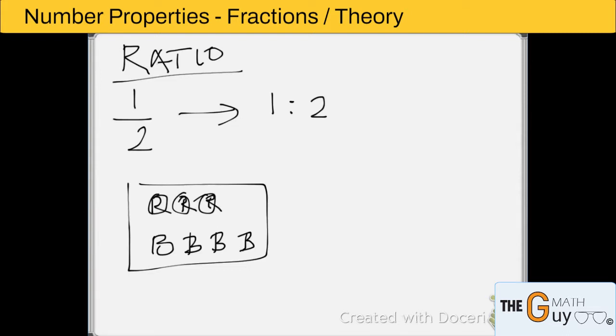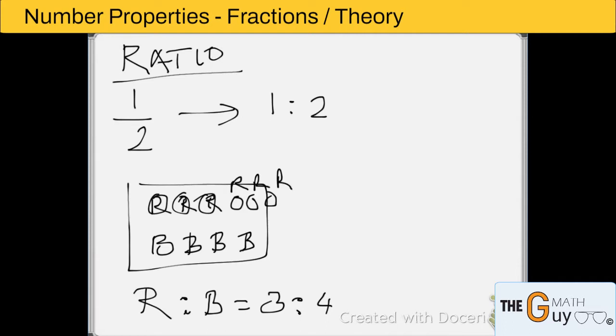So the ratio of red to blue is 3:4. A ratio is also expressed in its simplest term. So even if you had 6 red and 8 blue, the ratio would have been 6:8. You can divide both these numbers by 2 to give you 3:4. These two are equal, right?